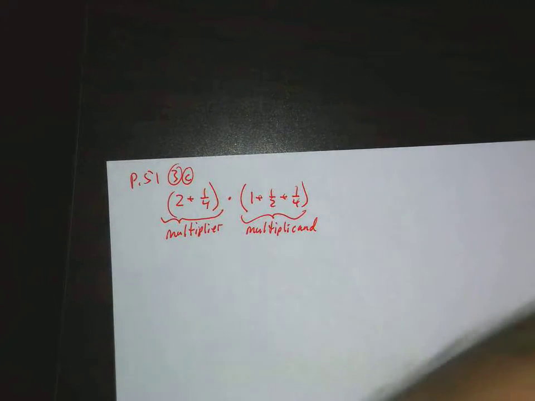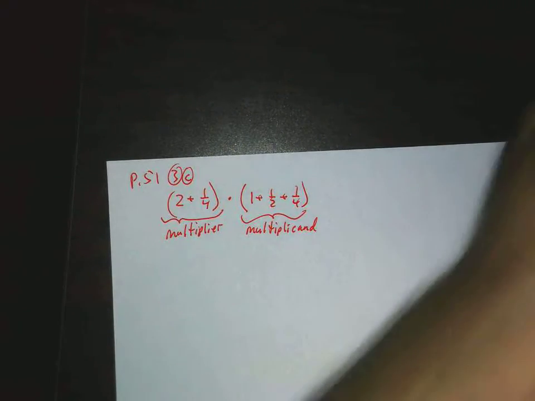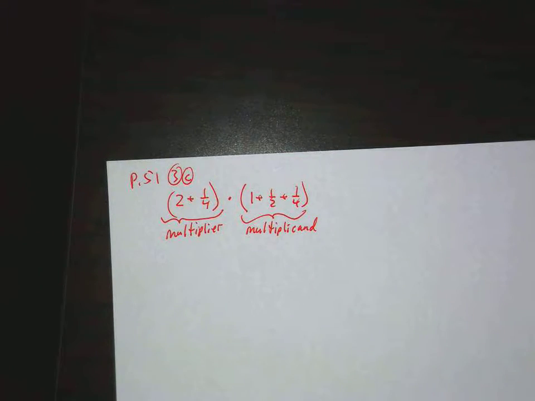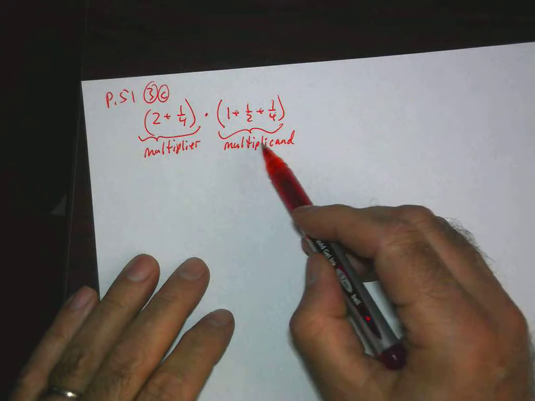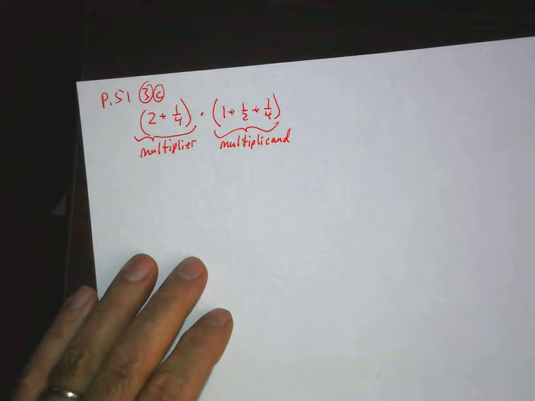And let's do part C, seeing as we are definitely on a roll here. Part C. Like the others, we are to multiply these two together, quote, in Egyptian style.